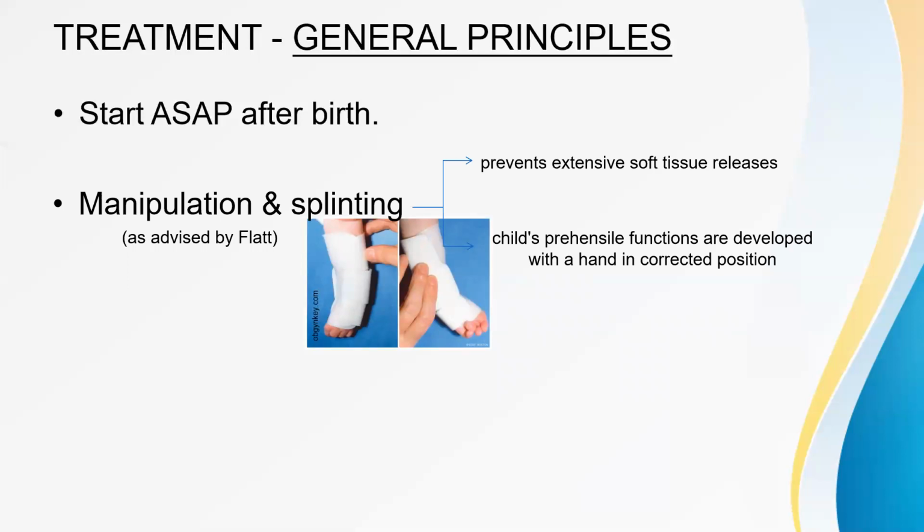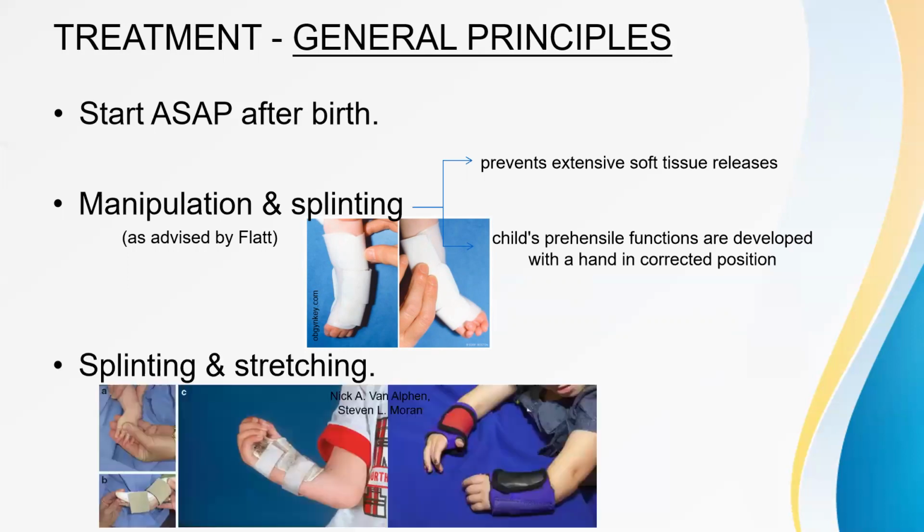This casting and manipulation prevents extensive soft tissue releases when we go to surgery, and it is thought that the child's prehensile functions are easier and better developed with the hand in the correct position rather than when it is radially deviated. After the age of 6 months, it is difficult to keep the child splinted and in a cast.